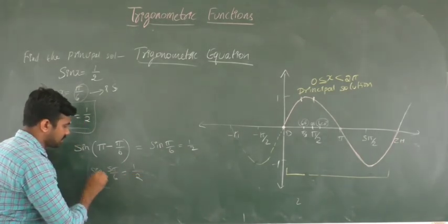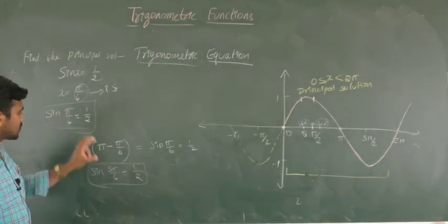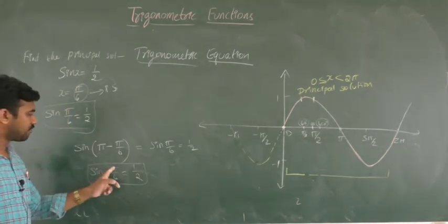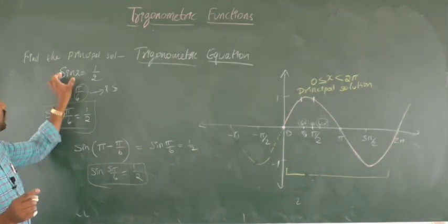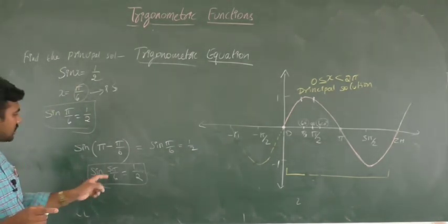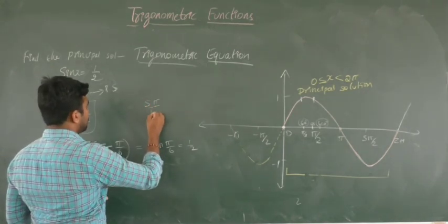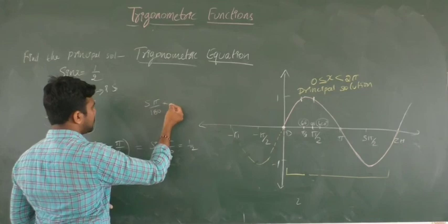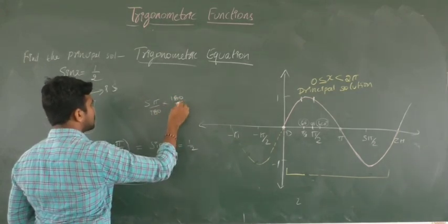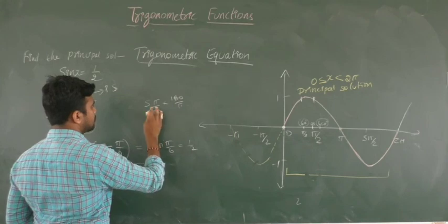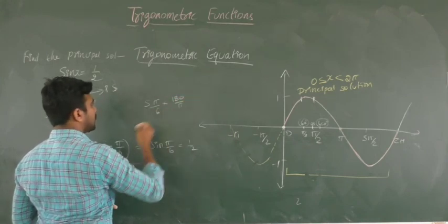So these two, pi by 6 and 5 pi by 6, are the principal solutions of sin x is equal to half. What is the value of 5 pi by 6? You can find it by using the conversion factor 180 by pi. The 180 cancels. Here you have 6. Conversion factor.